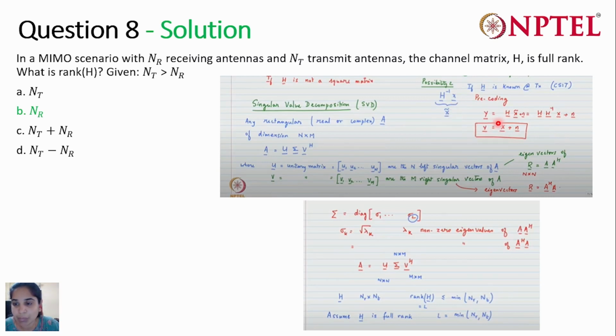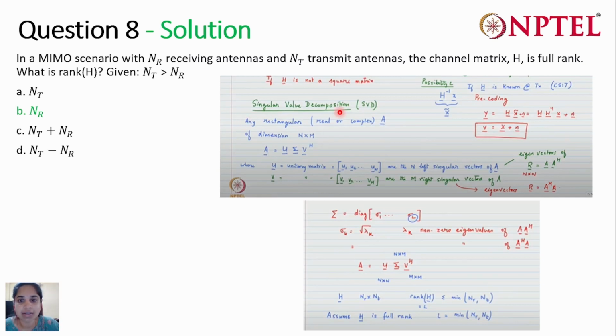So Y will be H into X tilde plus N. And we know that X tilde is H inverse into X. So what we get is Y is equal to X plus N. However, if H is not a square matrix, that is if H has dimension NT cross NR, then how does it work? So what will be the rank of H?